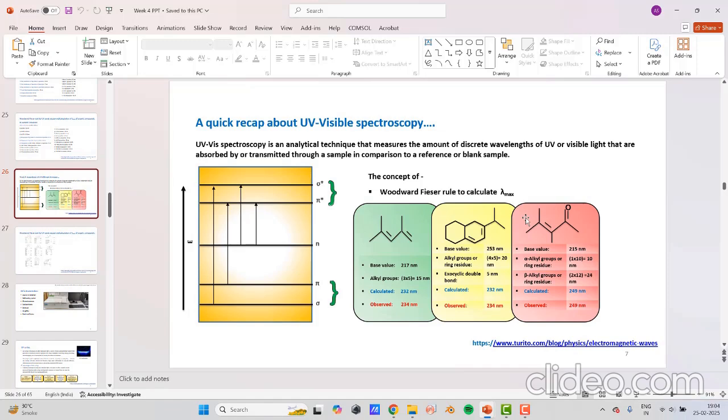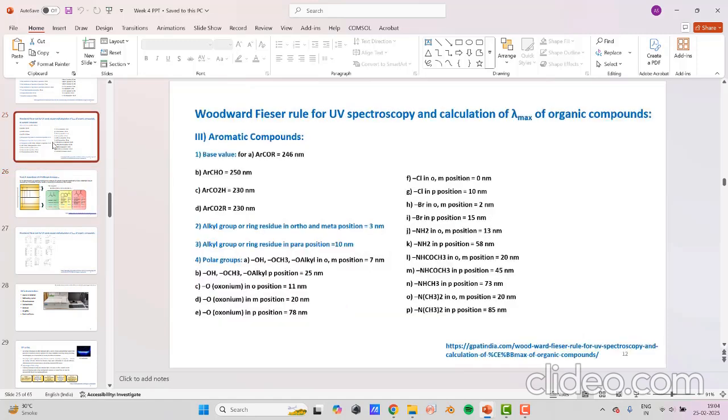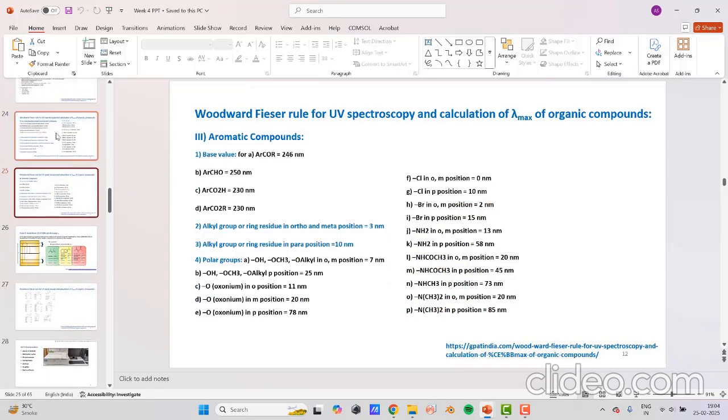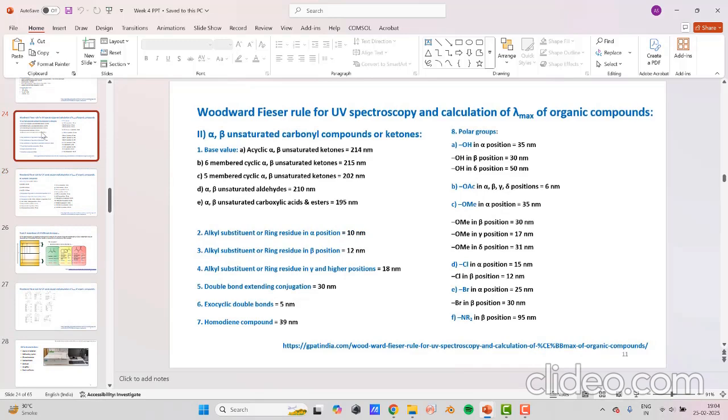One is 10 and beta alkyl group or ring residue is 12. Alpha and beta are the positions of the group. I hope you have read it in very basic chemistry classes. Alpha and beta are the positions at which the group is attached.